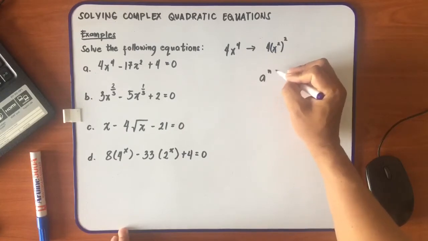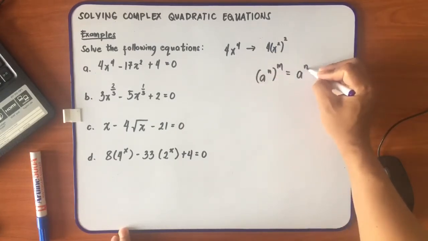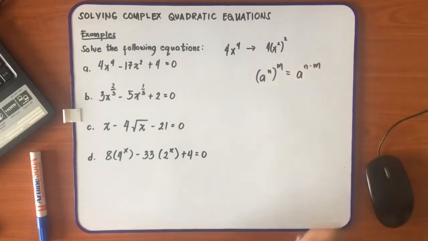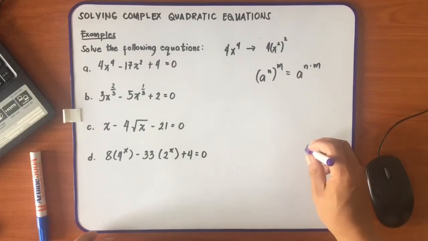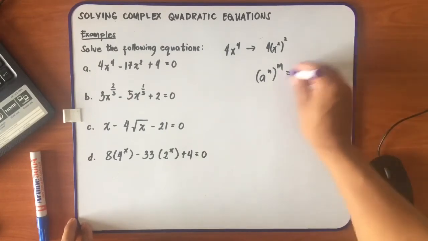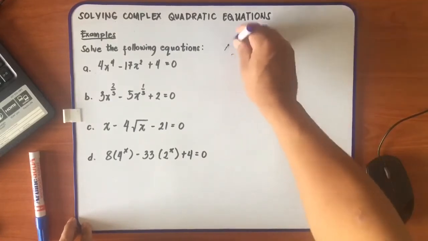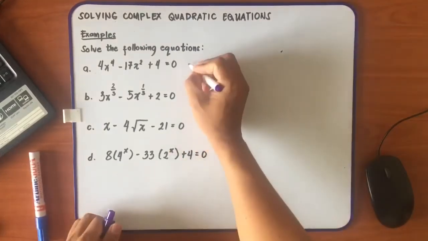A to the power of n to the power of m is equivalent to a to the power of n times m. I basically just want you to recall your indices rules.